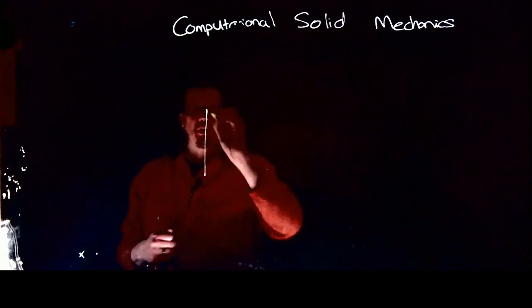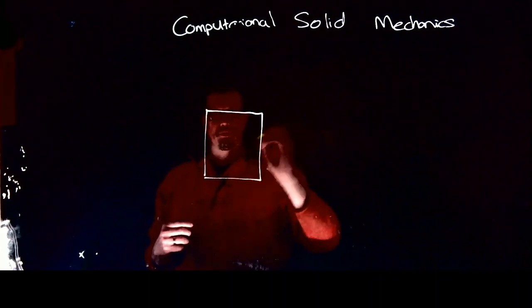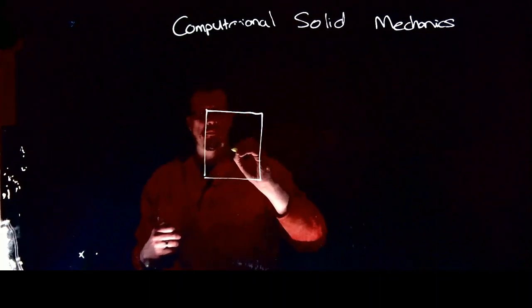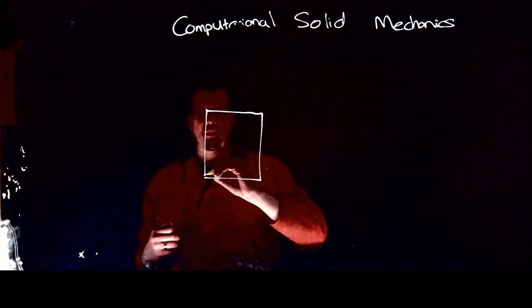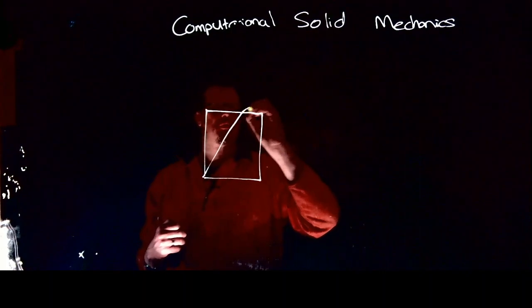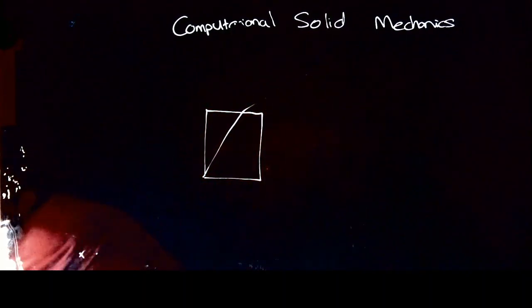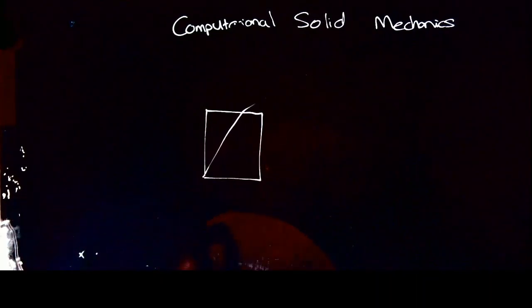So I can draw a square here, and I'm going to try and draw it large. That is essentially now undergoing some kind of deformation. So let me get a different marker.